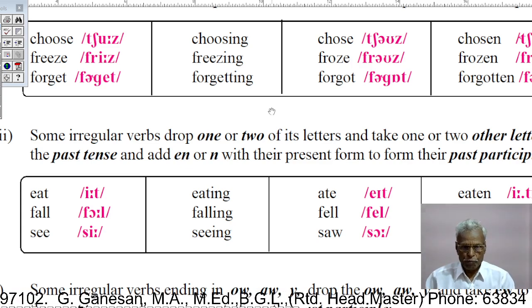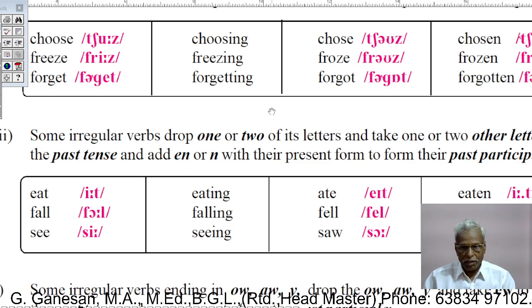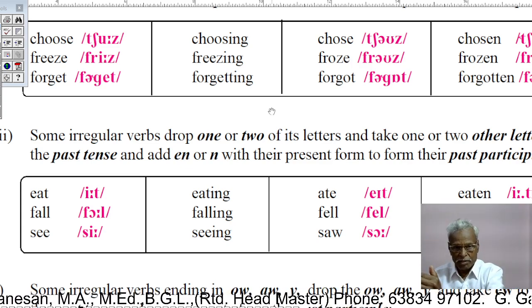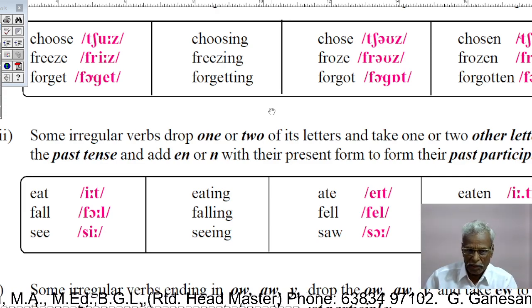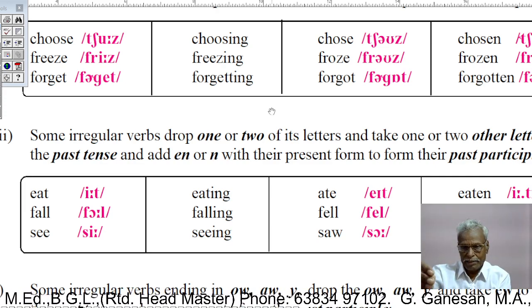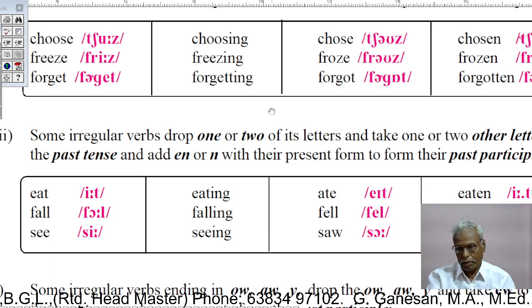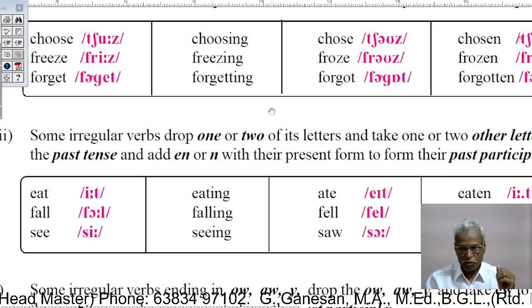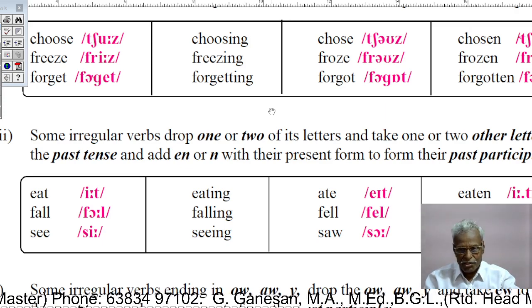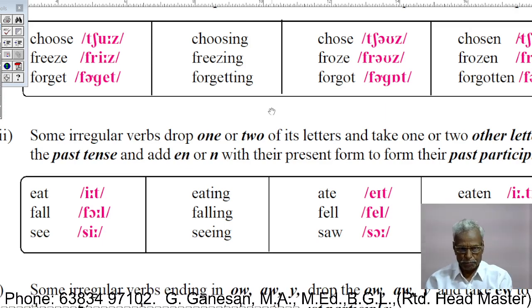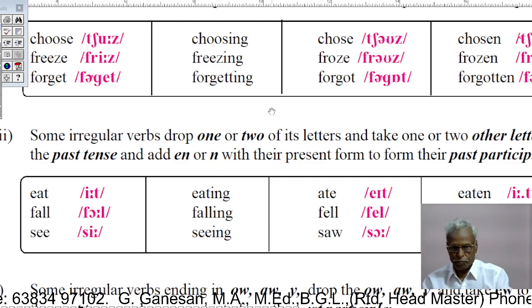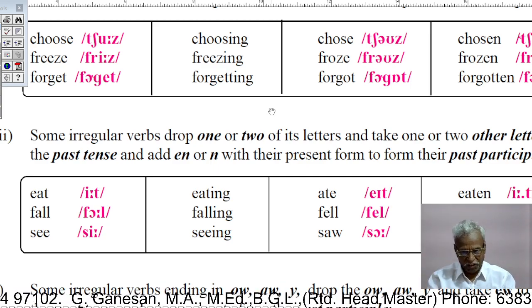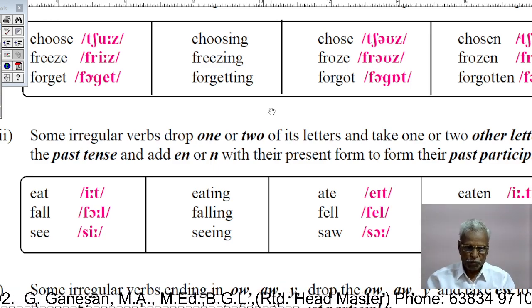Let us say eat, ate, eaten. Eat, drop the letter E and add the letter E at the end of the word, that is ate. Then add EN to the present form: eaten. Eat, ate, eaten. Fall, fell, fallen.